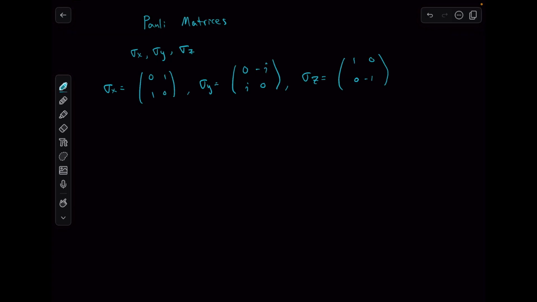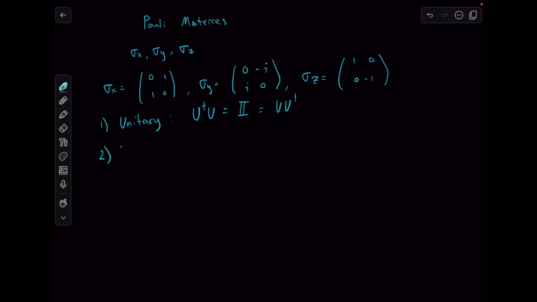So what makes these matrices so important, so special? Well, up until now, we've mentioned two kinds of special linear transformations that we can work with in quantum computing. One is unitary matrices. And remember, a unitary matrix U has the property that U dagger times U is equal to the identity, which is equal to U U dagger.